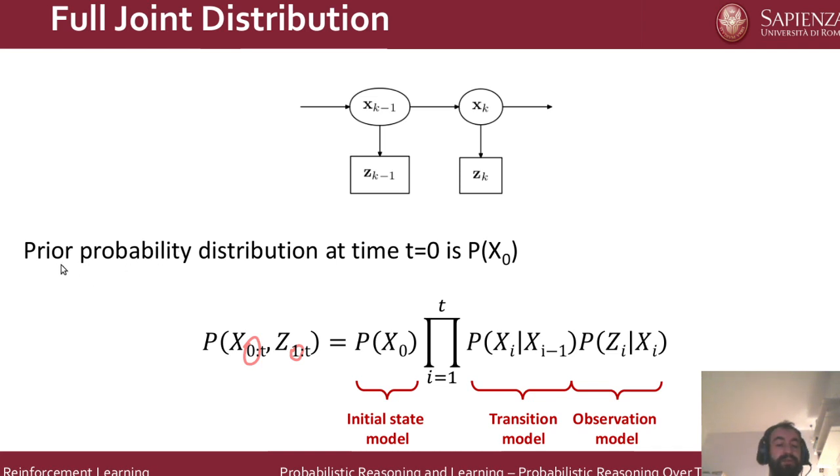And also because the initial state x0 is nothing else than a prior probability distribution of where the state is starting from, so you don't observe that. So this full joint distribution can be represented as the product of all the transitions and all the observations, multiplied by the prior. So this is the initial state of the model, and then we're multiplying all the transitions and all the observations.